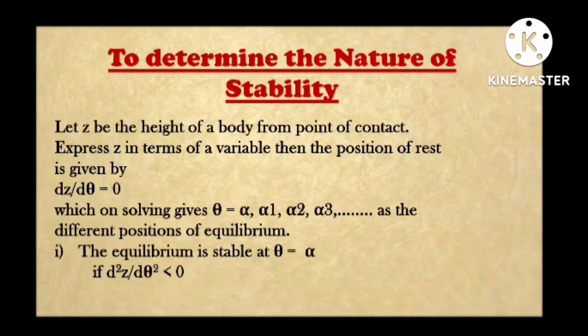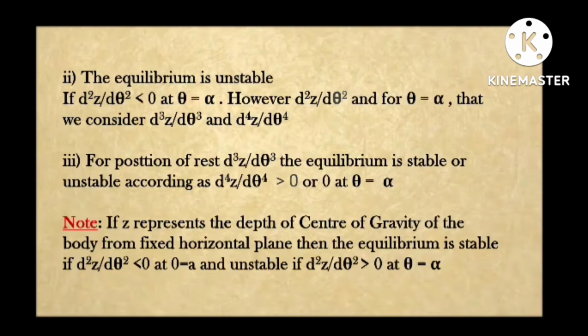The first condition: the equilibrium is stable at θ = α if d²z/dθ² is less than 0. In the second condition, the equilibrium is unstable if d²z/dθ² is less than 0 at θ = α.